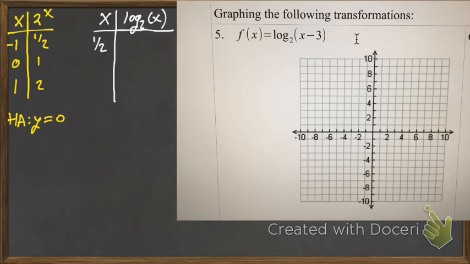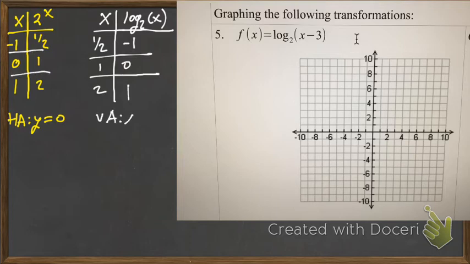So we get 1 half and minus 1, 1 and 0, 2 and 1. And now we have a vertical asymptote of x equals 0. How we achieve this is we switch x and y. So we need to know the table for the exponential, and then switch your x and y for your inverse. So put in the vertical asymptote, and then we'll plot those points.